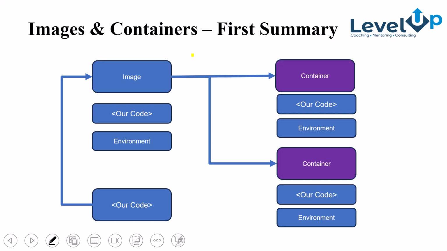So from an image, we create a container. From one image, we can have multiple containers. In this container, I can run a different code, and in that container, I can run a different code if I want.